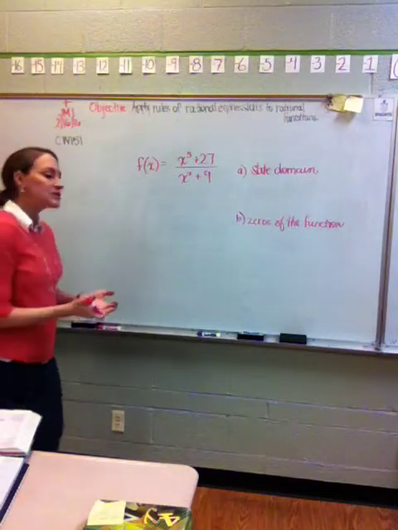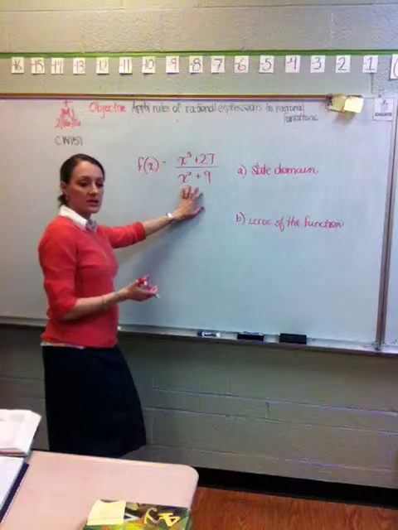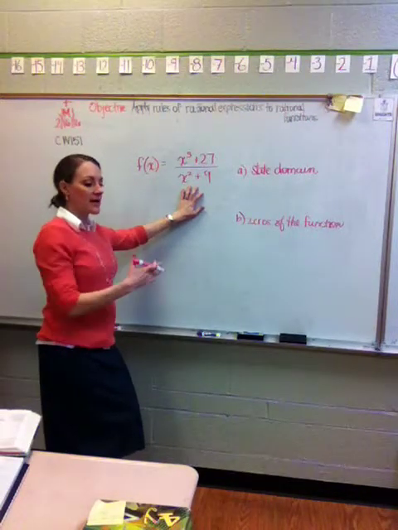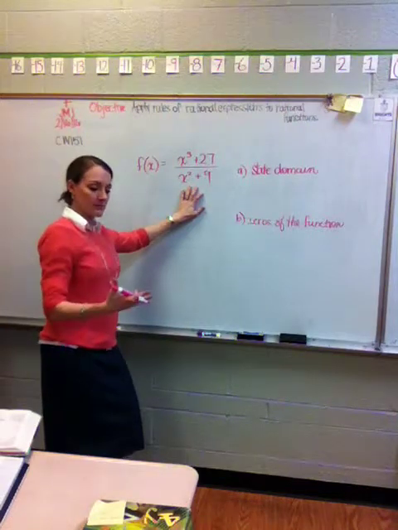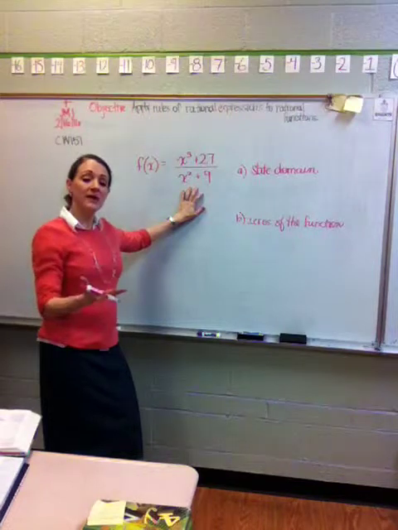Well, let's think of our restrictions here. Am I going to have any restrictions? Because when I'm dividing by a number, there's only one number that I cannot divide by, which is, hopefully you're thinking in your head, 0. You cannot divide by 0.